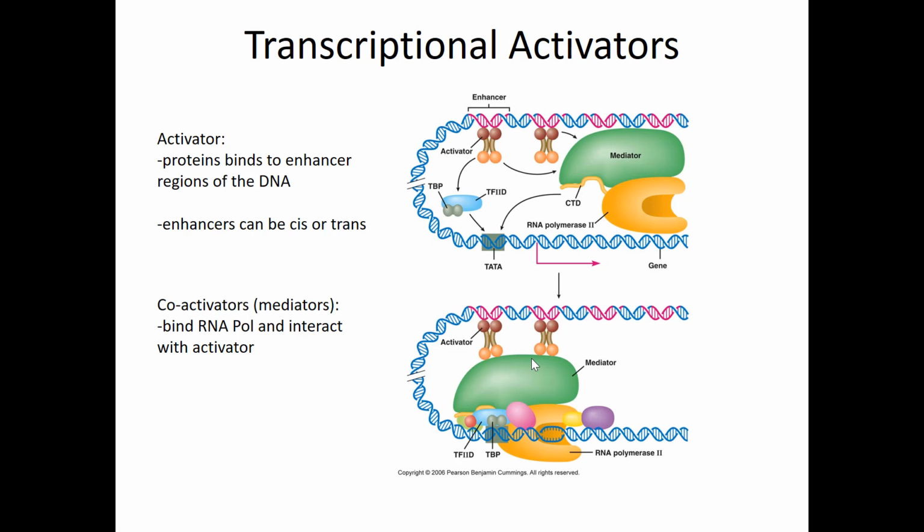And here, we talked about this when we talked about transcription, enhancer sequences, and these could be either cis, which we talked about on Monday, means immediately next to the gene, or they could be trans.